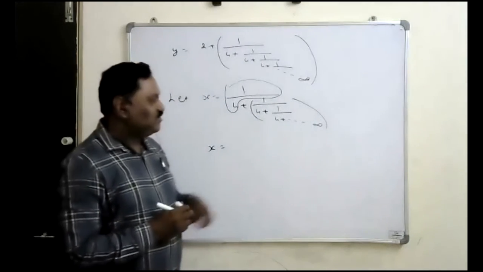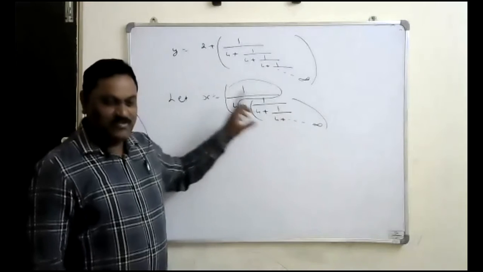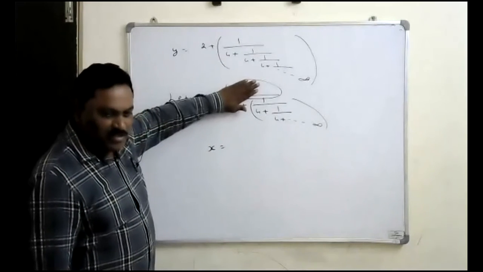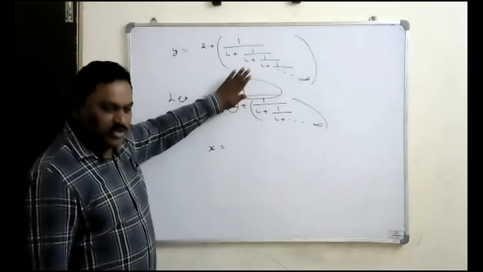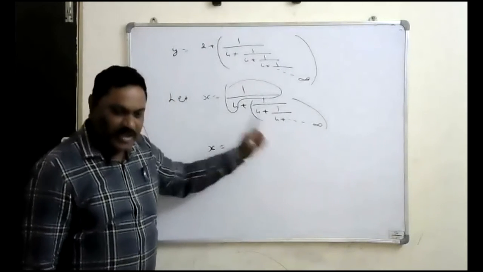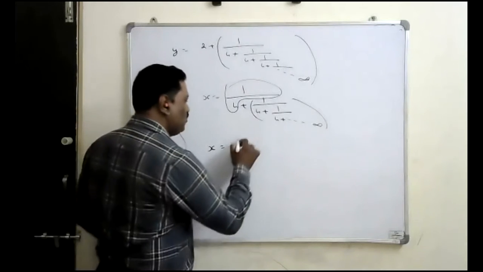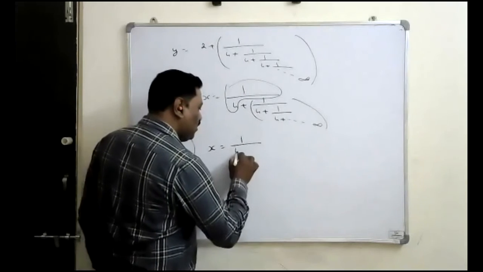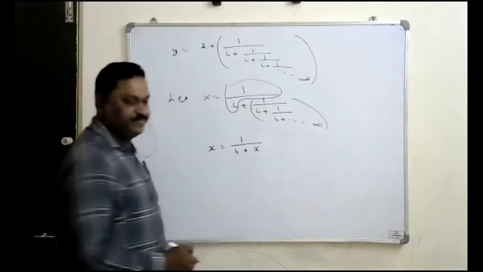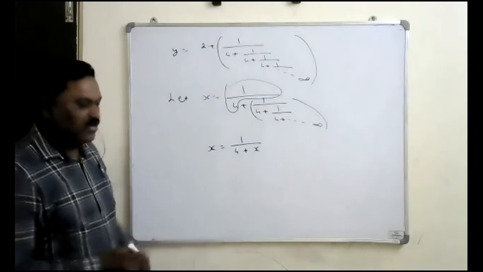Don't call it Arabian. It is x, because we have taken this entire value as x. If I remove this first term, the remaining is also the same. That's why x is equal to 1 upon 4 plus x. Remaining, this entire thing is also x. This is the equation, we got it.